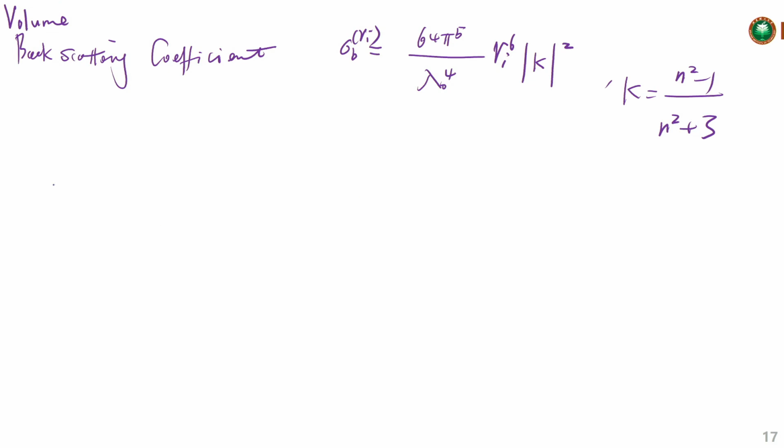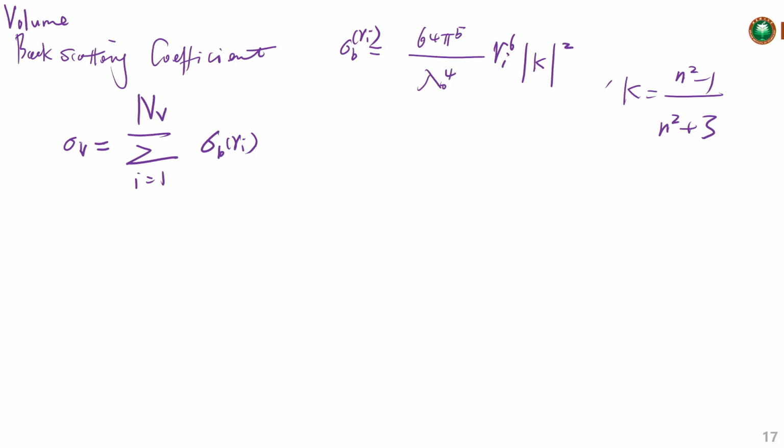For the volume part, as we mentioned, the scattering is incoherent, so we can just sum them together and get the total volume backscattering. It equals the sum of the backscattering of individual particles, n times Nv, the total number in a unit volume.